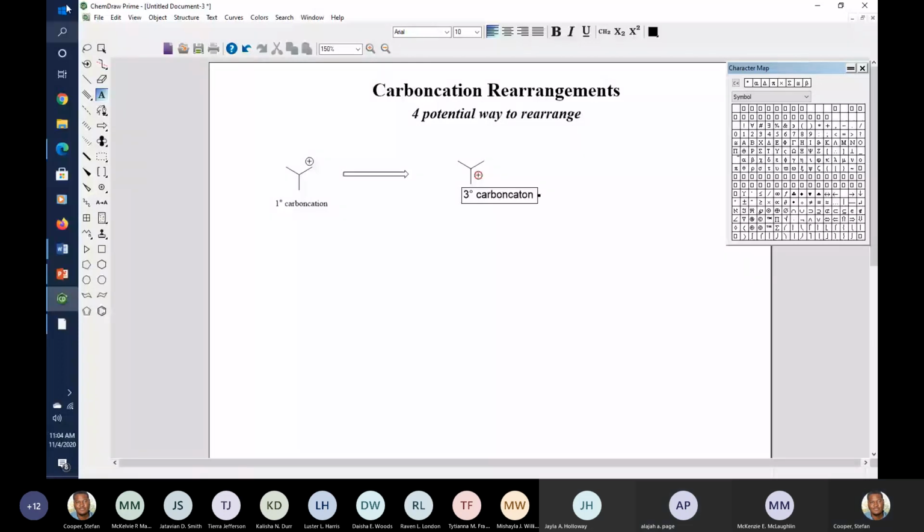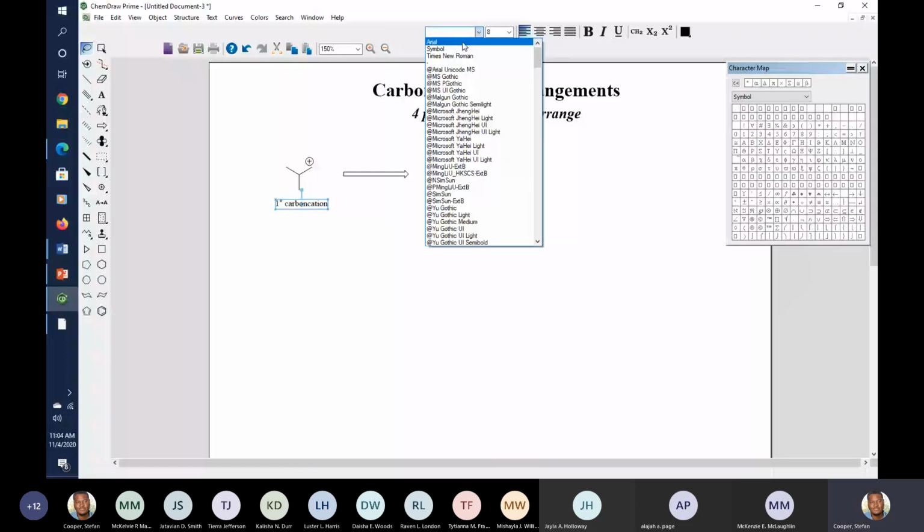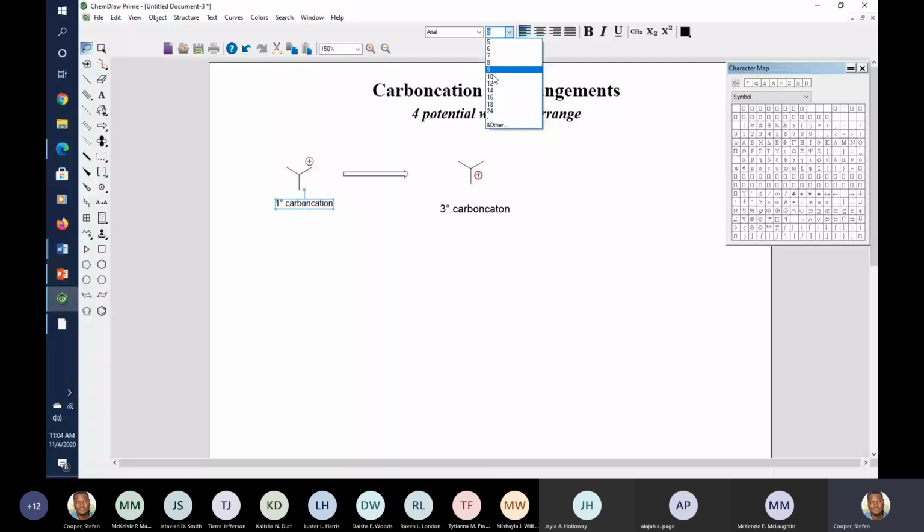Carbocations would prefer the more stable form; this is the least stable form of this compound. Really quickly, can anybody tell me why the primary carbocation is not as stable?